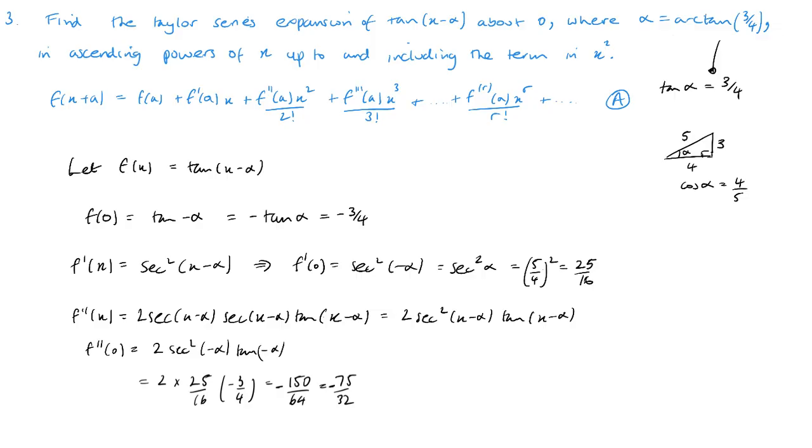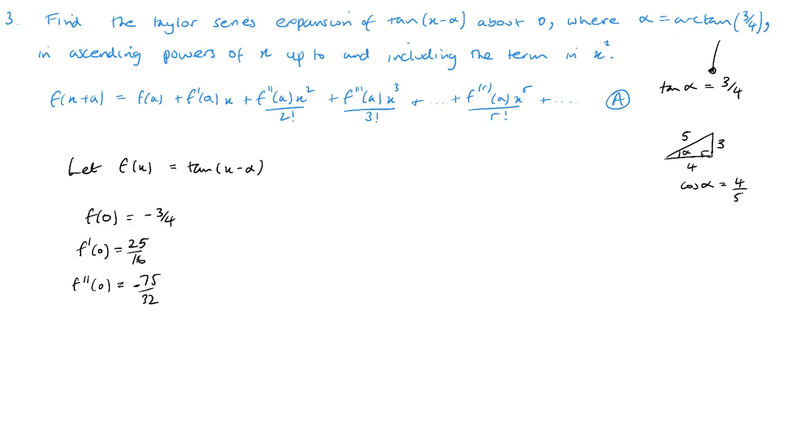So now I'm going to make a little bit more room. And now let's substitute into my series. So we've got tan x minus alpha, and that's going to be equal to minus 3/4 plus 25 over 16 x minus 75 over 32 x squared over 2 factorial.